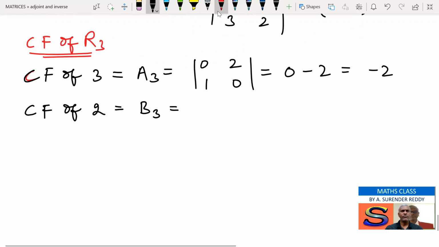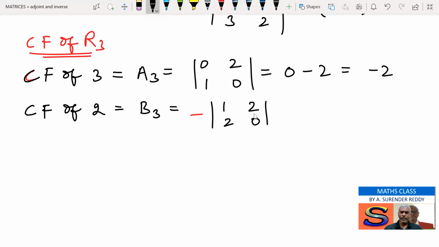For this we get a minus. Taking the remaining 4 elements of the third row and column: 1 2, 2 0. అది ఉన్నటువంటి రో కాలం ఎలిమినేట్ చేసి రిమైనింగ్ ఎలిమెంట్స్ తీసుకుంటున్నాం.